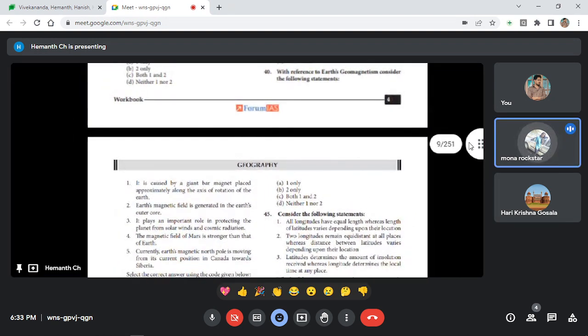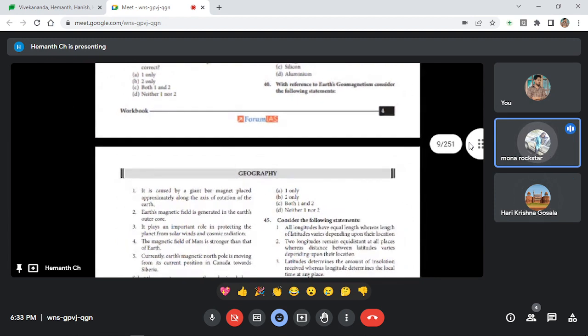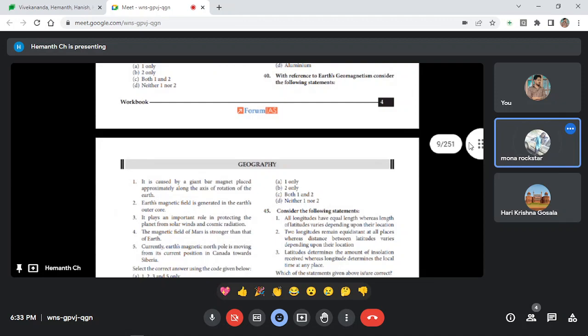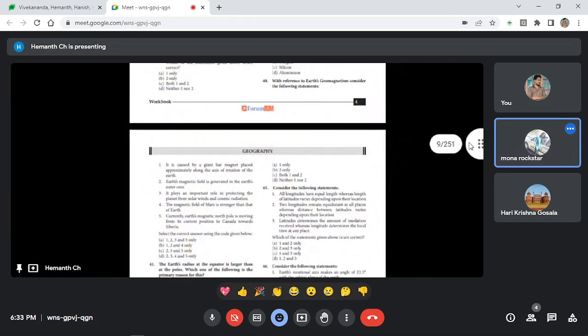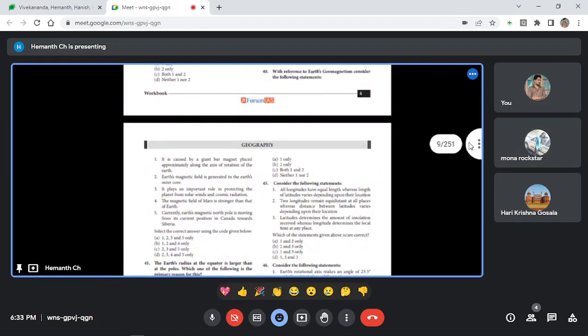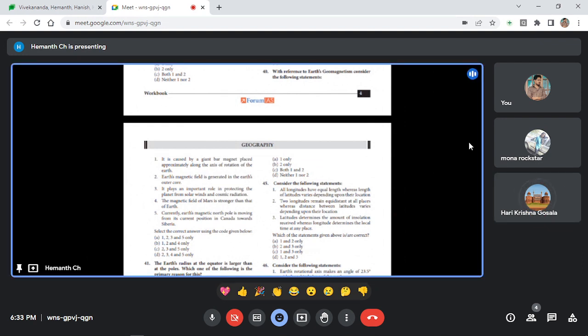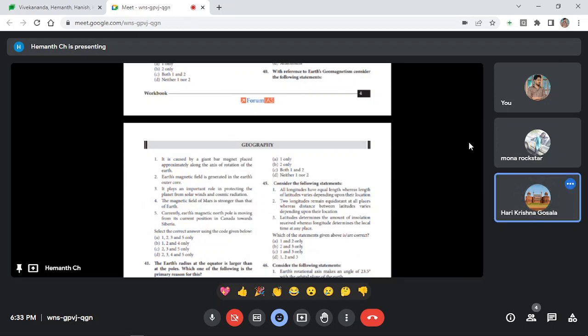Currently, Earth's geomagnetic north pole is moving from its current position in Canada towards Siberia. That is correct, Monica. And fourth, I don't know. Earth's magnetic field is generated by the outer core. Inner core or outer core?